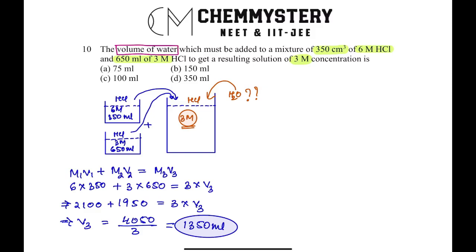Now this volume is actually the volume that was already present, 350 ml and 650 ml, plus the additional water.